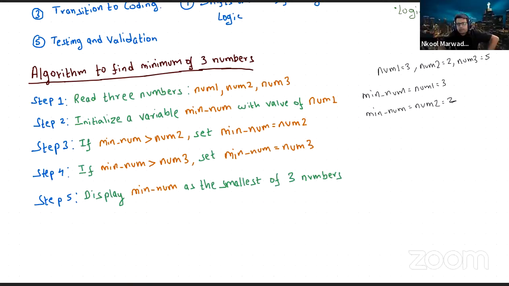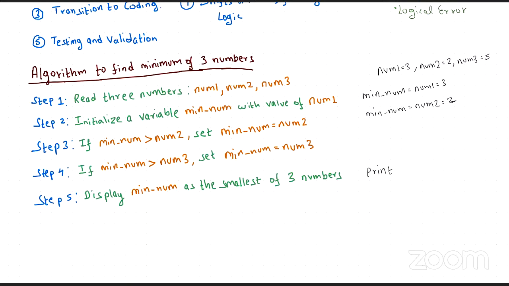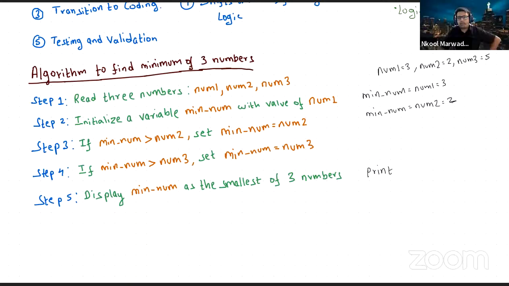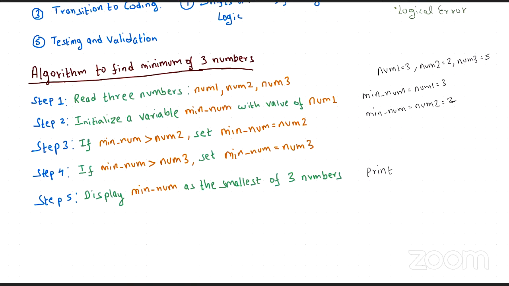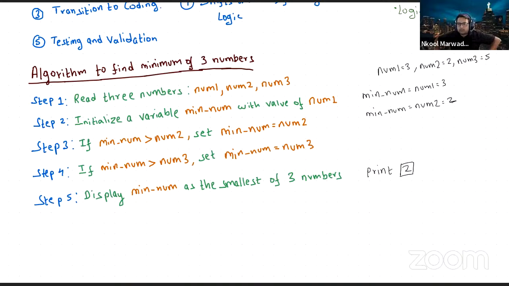And here we will print the value of minimum, that is 2. So we were able to find the minimum of 3 numbers.